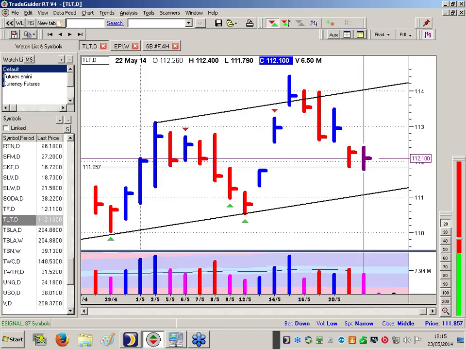Now, we've drawn the trend lines. I find it very difficult, really, to feel comfortable looking at a chart with no trend lines on. It's almost like the steering wheel of your car, and you've got a dirty windscreen. You don't feel happy with that. But here it's clearly trying to go up, look, slow trend up. You'd expect it to hit that lower trend line at least and bounce off that.